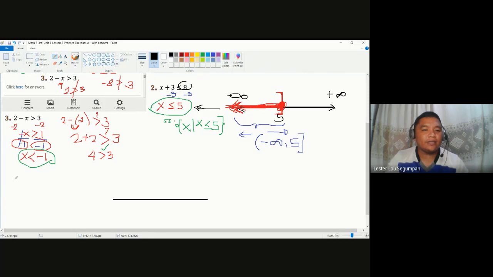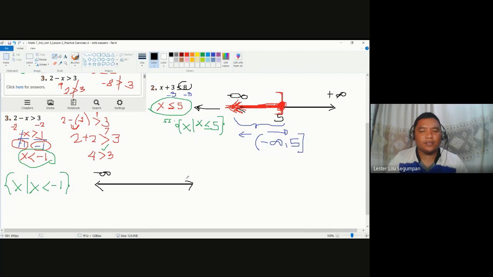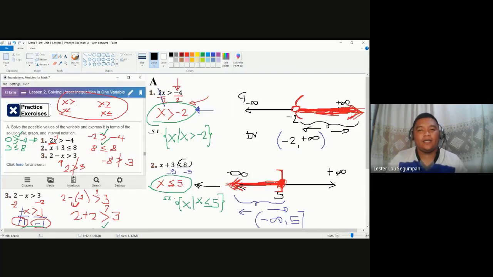As for the solution set, it is as easy as placing it in set builder notation, x such that x is less than negative 1. But for the graph, another point here, let me just draw an arrowhead. It should extend to both infinities. When we are going to graph, we look at the symbol.